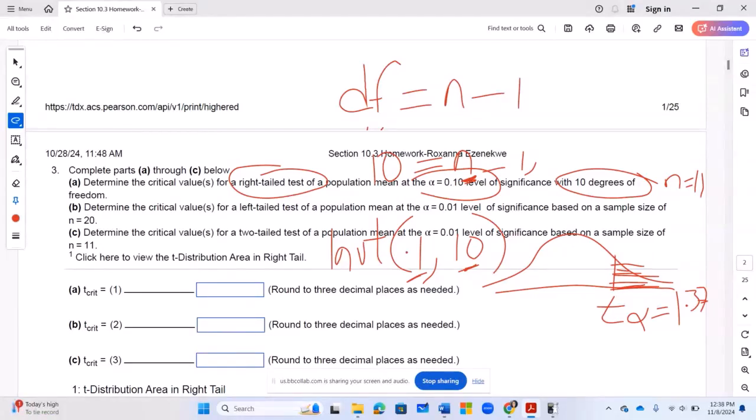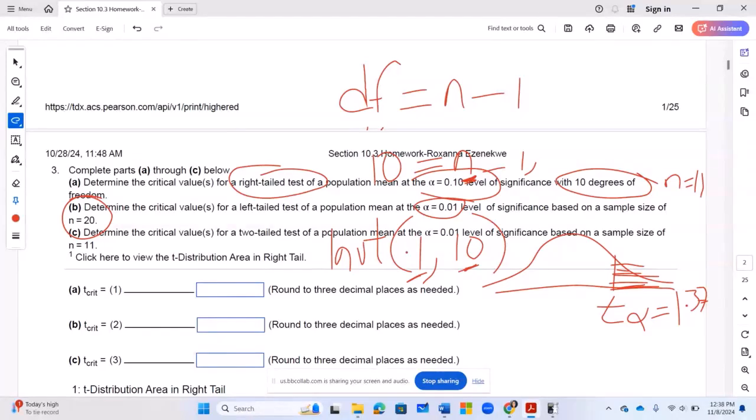So anytime I'm told to find the critical value, all I need is the area to the left or percentile in decimal and the degrees of freedom. So in B, they gave me the sample size. I'm told to find the critical value right here when alpha is 1% and the sample size is 20.